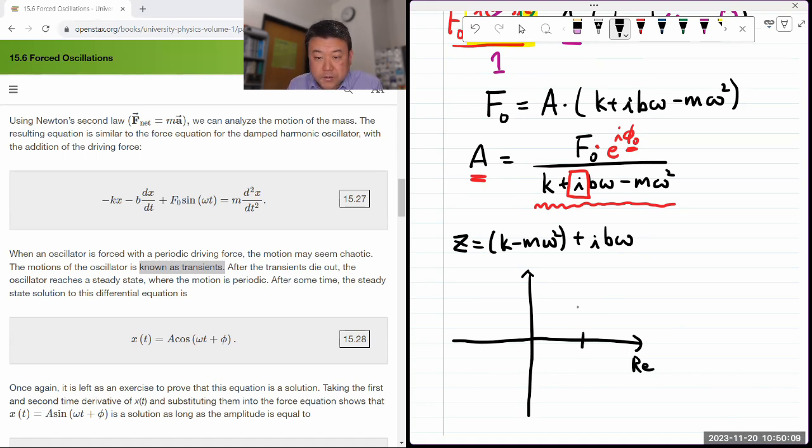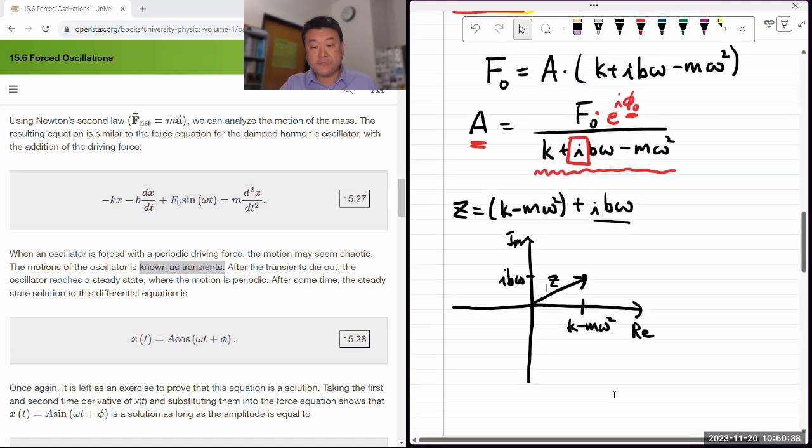So at this point, that's k minus m omega squared. And then you have the imaginary part. I guess this will always be positive. So somewhere up here, let's say, is i b omega. This is the imaginary axis. So this point is the Cartesian point represented by this complex number.